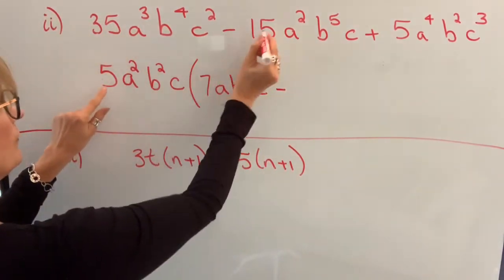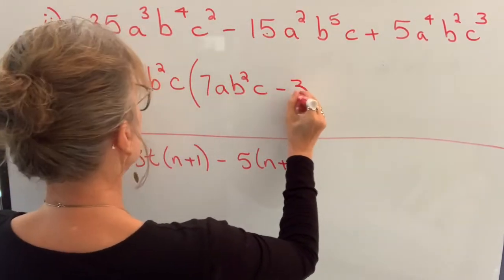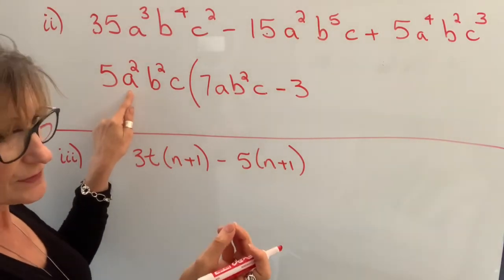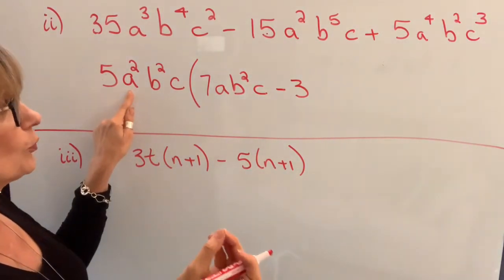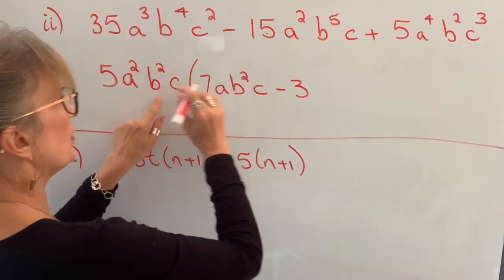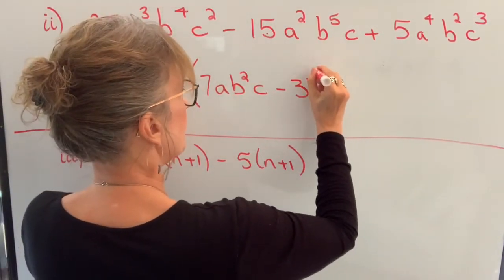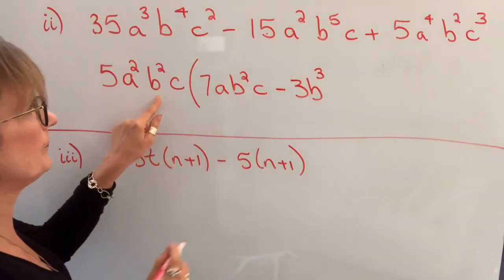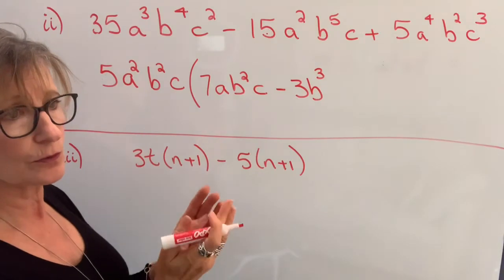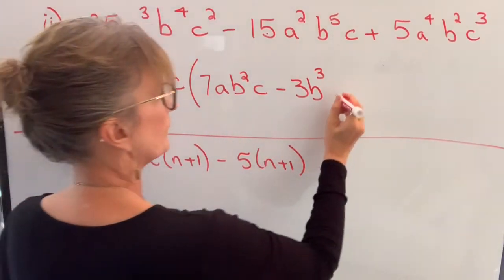So my next term, 15 divided by 5 is 3. A squared divided by a squared is just simply a 1, a to the 0, which I don't have to indicate. B to the 5th divided by b squared would be b to the 5 minus 2, which is b to the 3. C divided by c, again, is c to the 0, or a 1, which I don't have to write.